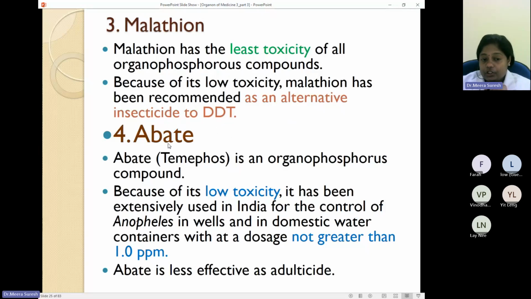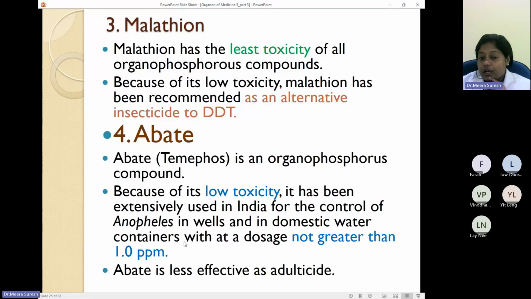The other one is abate or temephos. It is also an organophosphorus compound. It is of low toxicity, and this is used exclusively in India for the control of Anopheles mosquito in wells and also in domestic water containers, at a dosage not greater than 1 part per million.